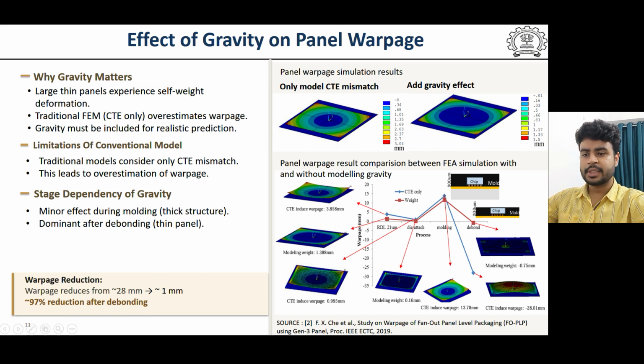It makes predictions closer to real experimental values, and it avoids overestimation of warpage. Gravity does not eliminate warpage, but it reduces the observed deformation by counterbalancing thermal effects. Therefore, for accurate warpage prediction in large panel level packaging, gravity must be included in the modeling process.